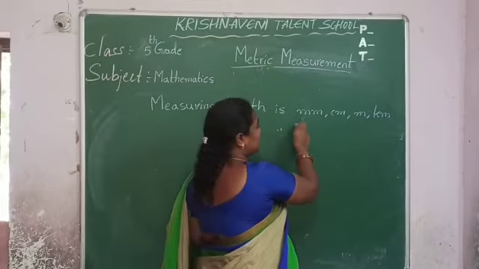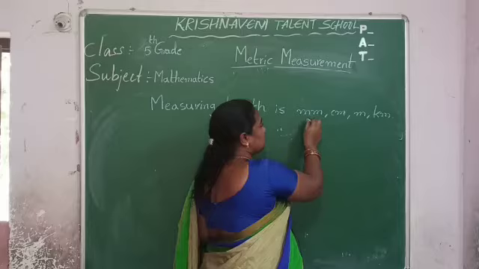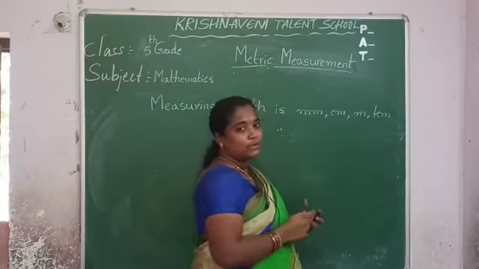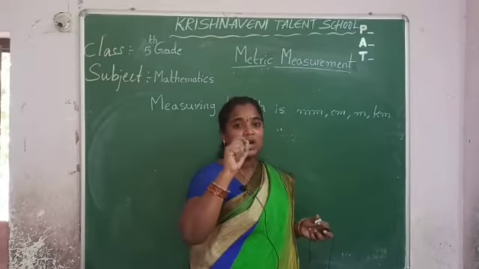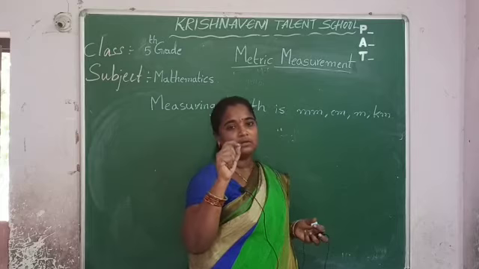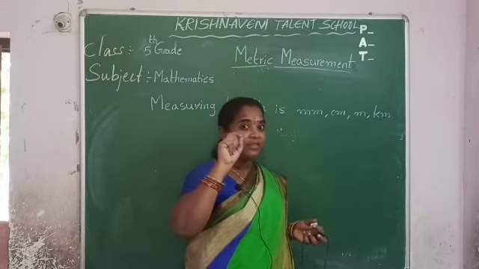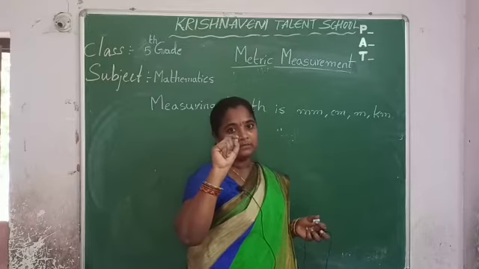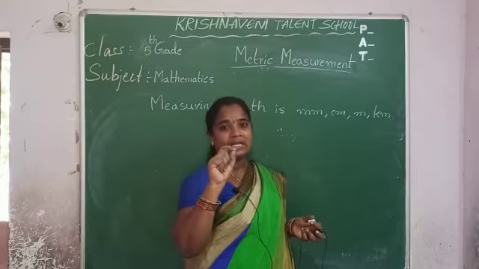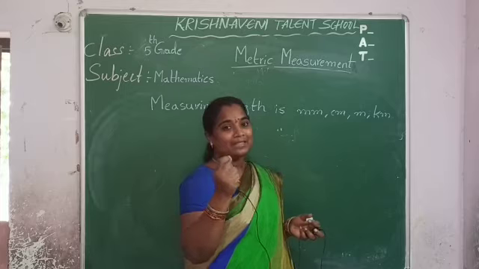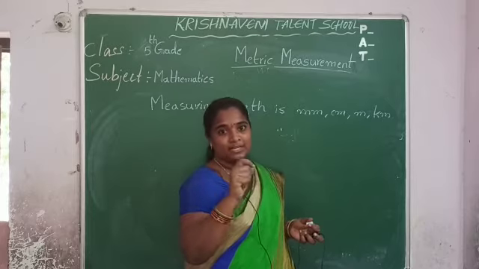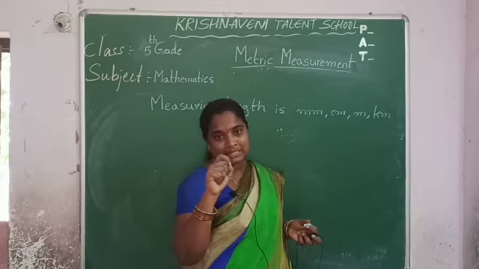Millimeters are used for very short objects, for example, the length of a small ant, or the thickness of a paper.